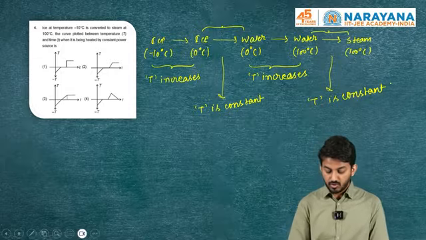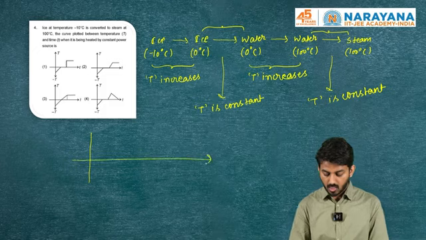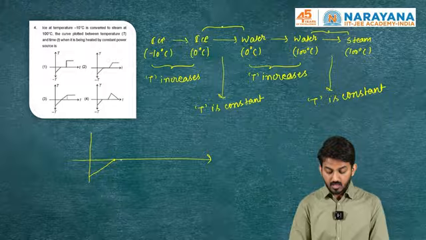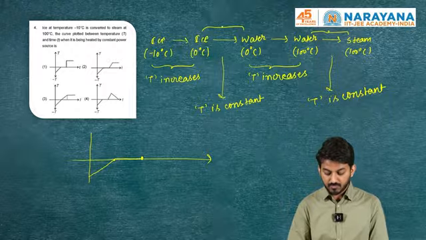As you can see. So if I draw the graph here, we are starting off from negative temperature, going to 0. Then temperature remains constant till it converts to water.